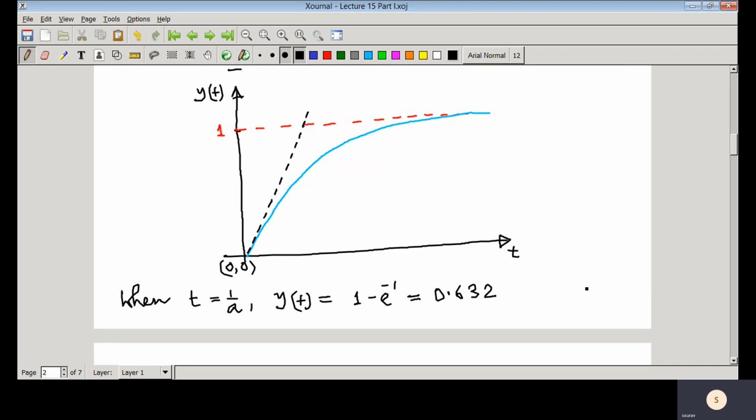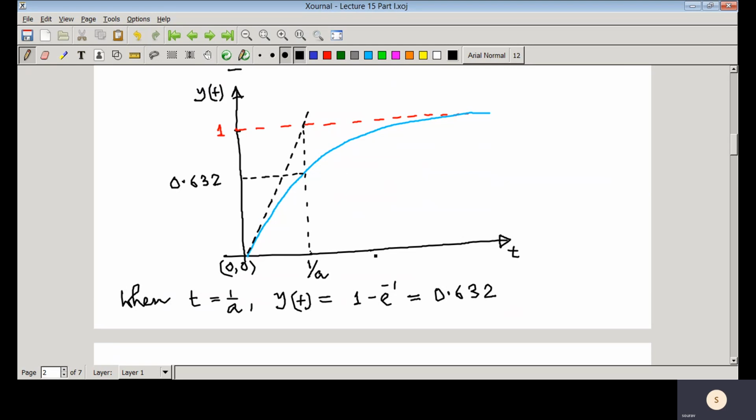So that means at t equal to 1 by a, if you take the perpendicular, this one would be equal to 0.632, and this particular value is 1 by a.